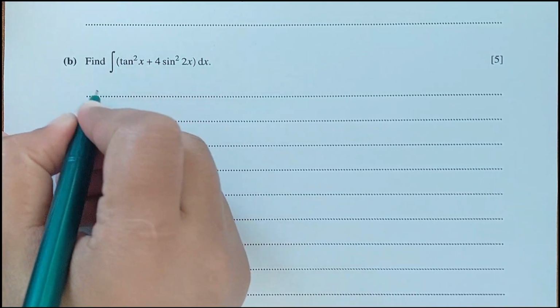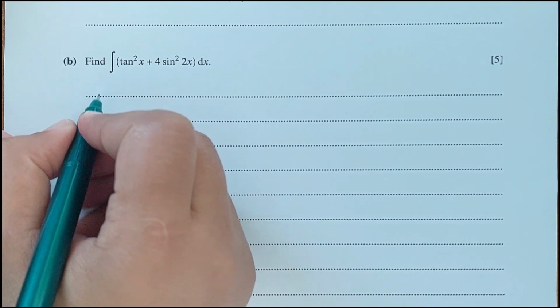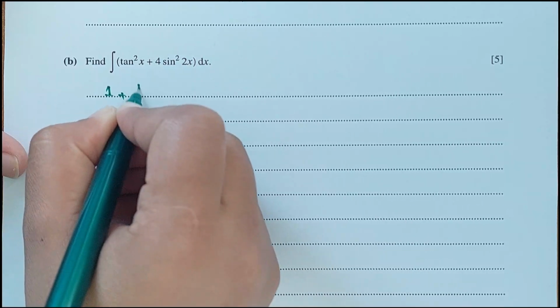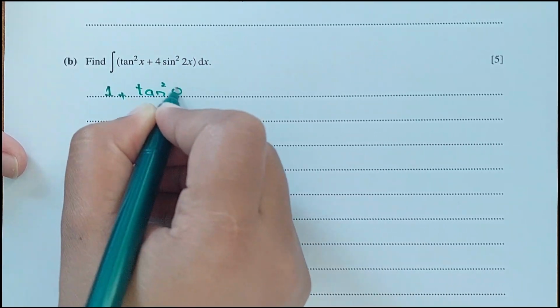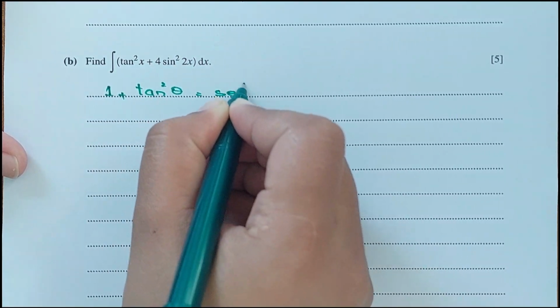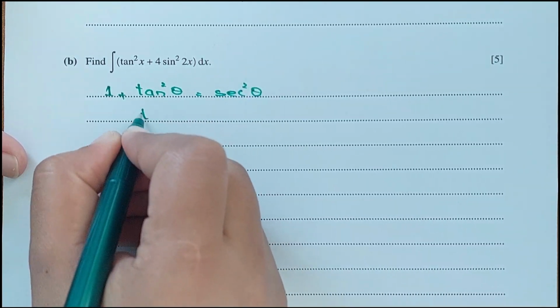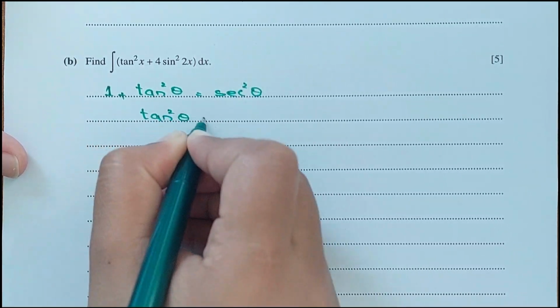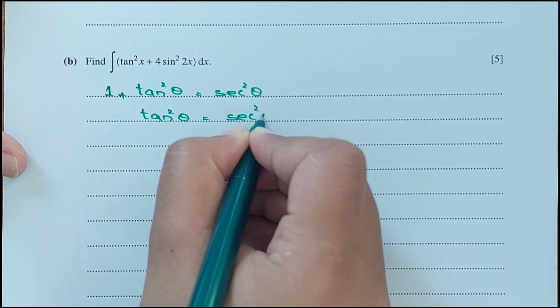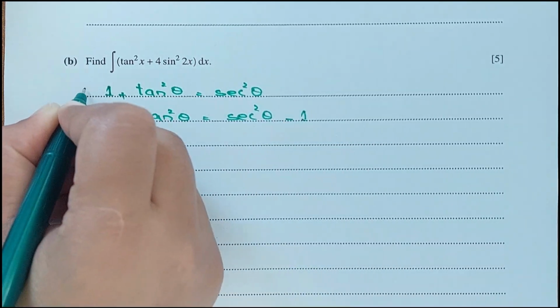Let me use the identities over here. So we know that 1 plus tan square θ is sec square θ. So from here, tan square θ equals sec square θ minus 1, right?